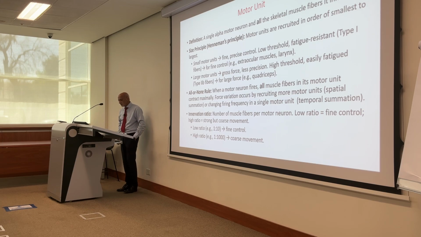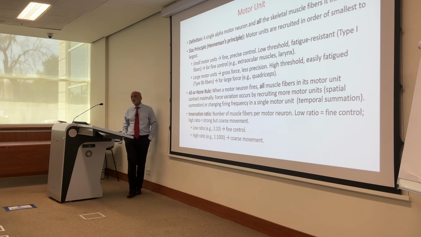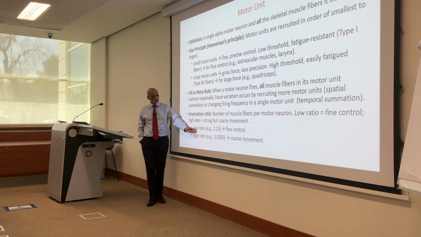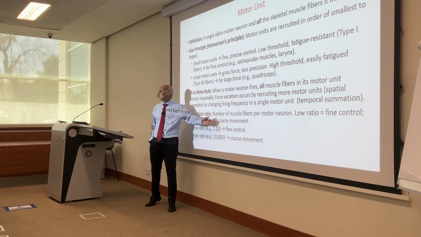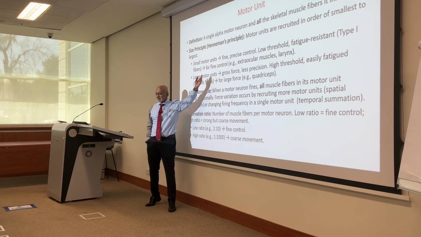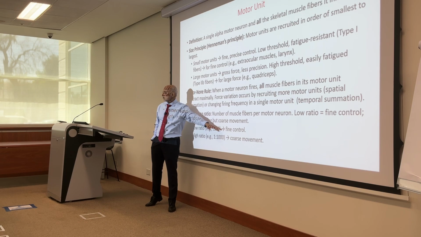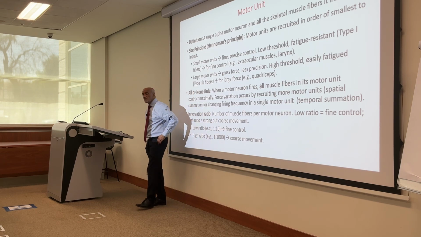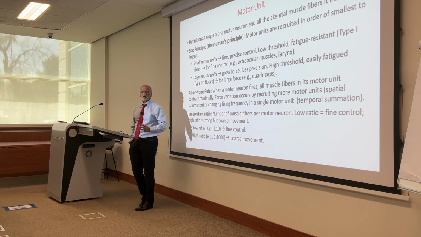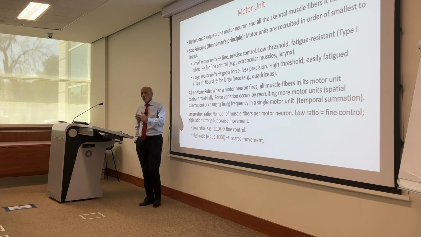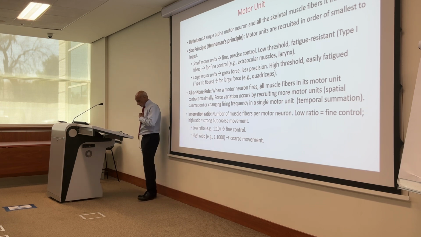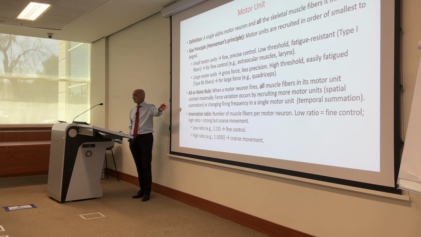Look at the bottom of the page, the innervation ratio. A motor neuron can go to maybe 10 fibers. Those would be the small ones. And that's generally for fine control. For people who play the guitar, the piano, or the violin, or, for those of you who will become excellent surgeons, that's what you're doing.